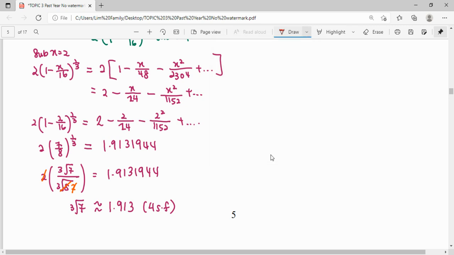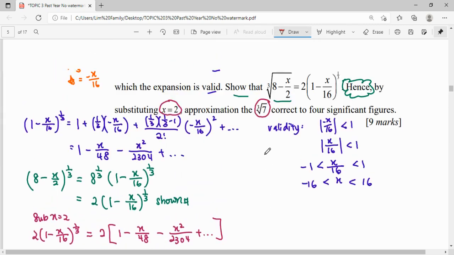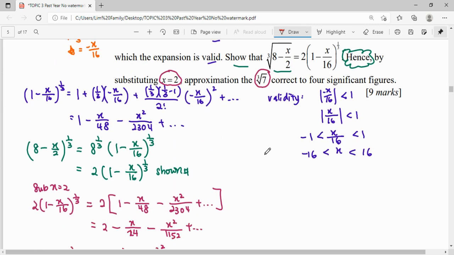So from here we can see what the important concepts are, because this is 9 marks. The first concept is how we expand up to the correct term, which is x to the power of 2, and then simplify this expansion answer. Then the concept of validity to find the range of x, and we factorize out our 8 in order to get to the form that can be used for this binomial expansion.